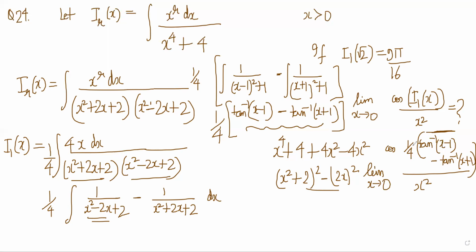And that data was given to us, I1 of root 2. So I've just so far not done the integral exactly. We know the method by which the integral is done. As soon as you put 1 here, this integral is doable. 1 by 4 into 4x, and this also works out. And yeah, 4 I1x is equal to this, right?